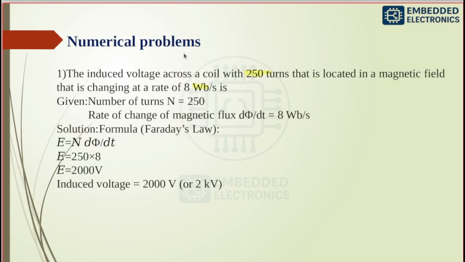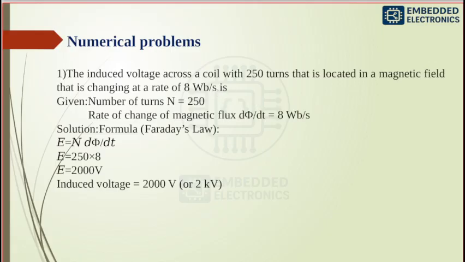And next are the numericals. This might be asked in an interview. The induced voltage across a coil with 250 turns that is located in a magnetic field that is changing at a rate of 8 Weber per second is.